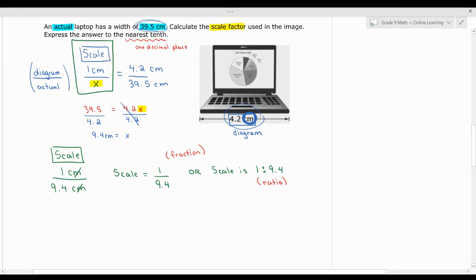And then another option, you could use words. So you could also say 1 centimeter represents 9.4 centimeters. Keeping in mind that this is your diagram, and then this number is the actual.